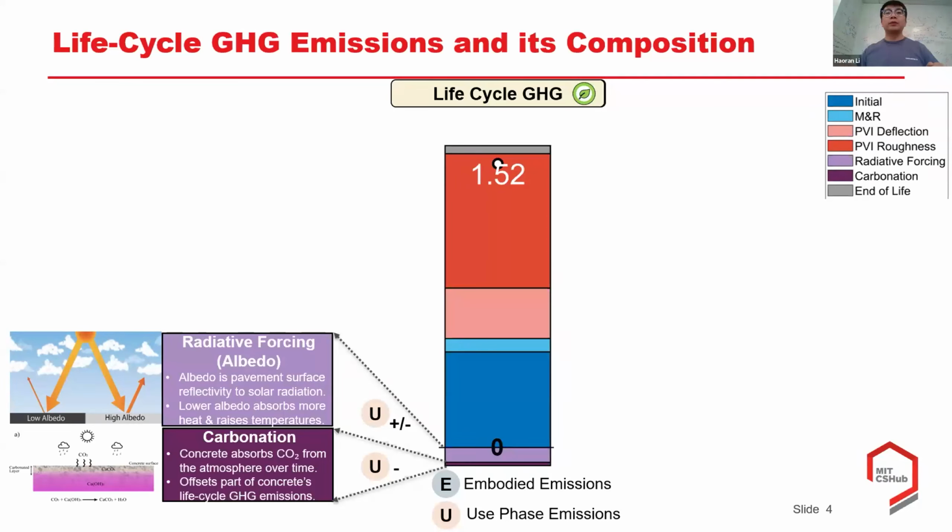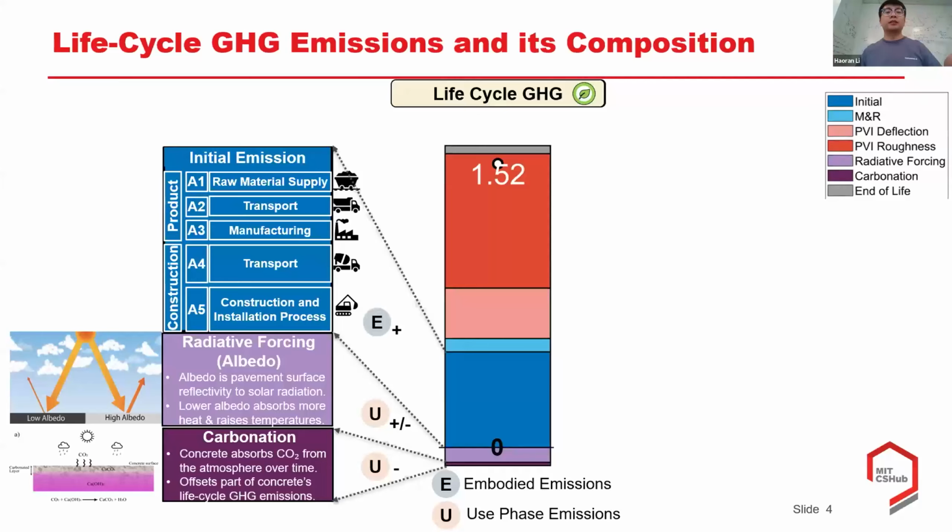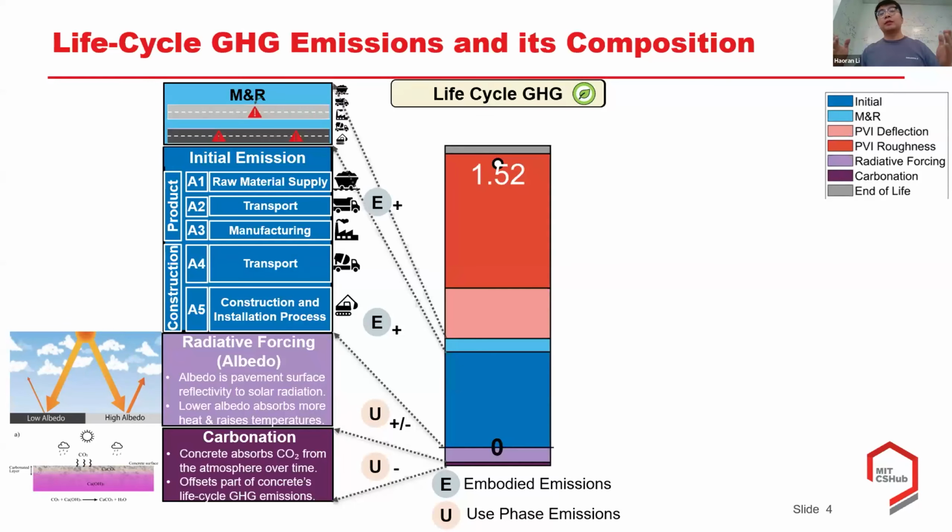If there's a lower albedo, the surface of the pavement will absorb more heat or solar radiation from the atmosphere, which will be translated to more CO2 emissions. Those are the use phase, but we're also evaluating the initial emissions, including A1 to A5, from the raw material production to the construction during the initial pavement construction. And the M&R schedule or M&R activities are also involved in this analysis, which contribute to the embodied emissions.